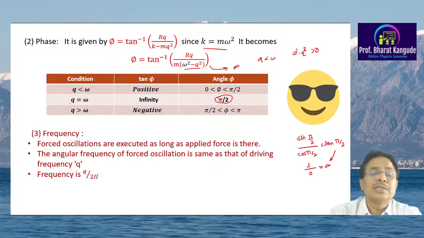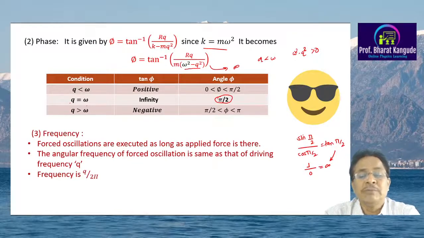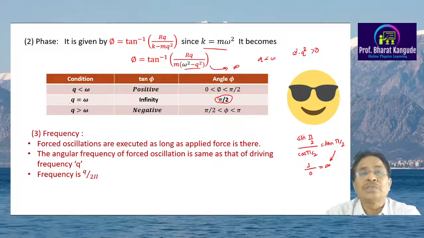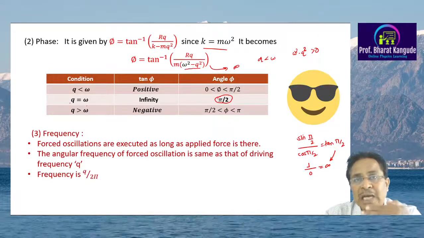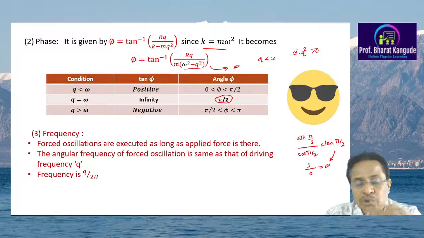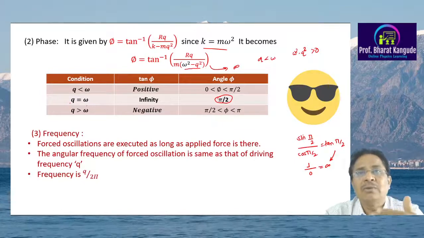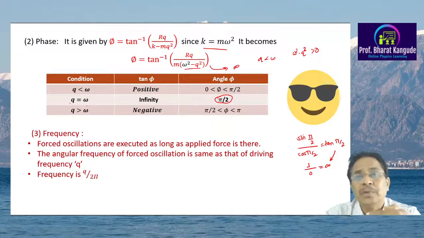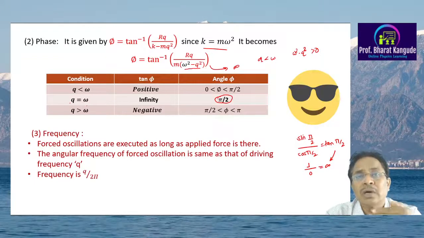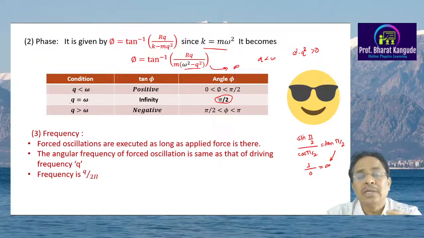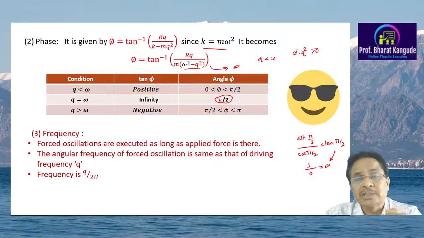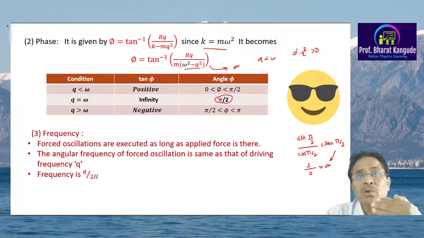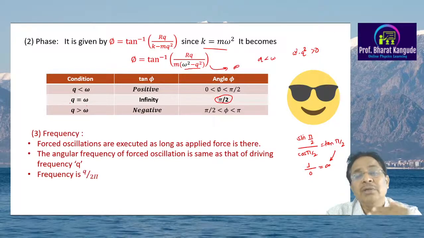Forced oscillations are executed as long as the applied force is there. That means in a swing, as long as you are pushing the swing from the backside, giving continuously this type of external periodic force, this forced oscillation will continue its motion.